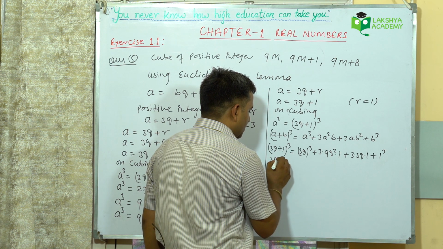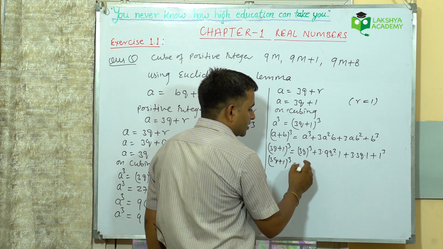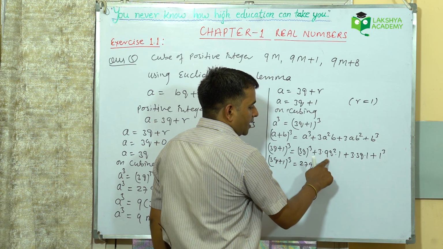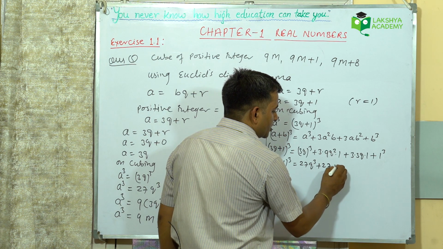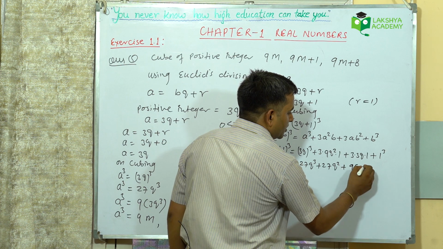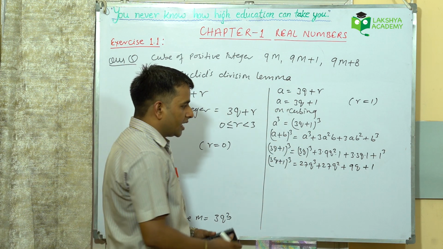Simplifying this expression, 3q plus 1 whole cube equals 27q cube plus 9 times 3, 27q square, plus 3 times 3, 9q, plus 1 cube is 1.